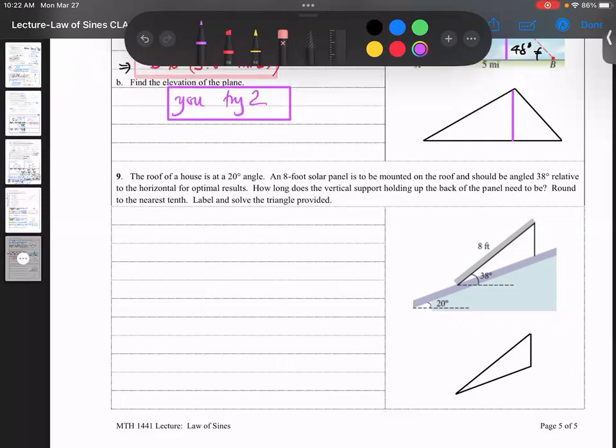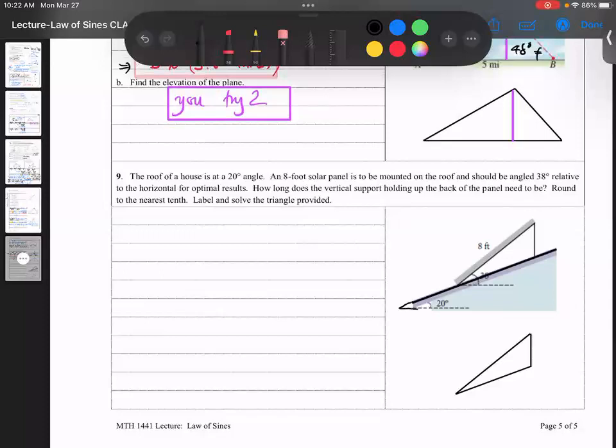You know what I'm going to do, I'm going to do it like this. Draw it so it's more solid. Right? So the angle there is 20 degrees.